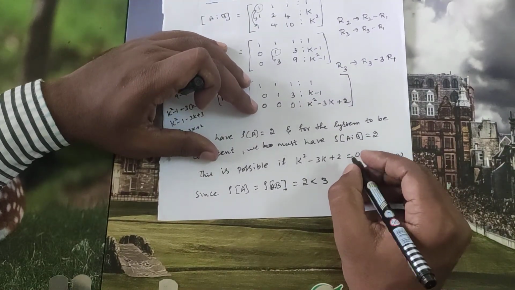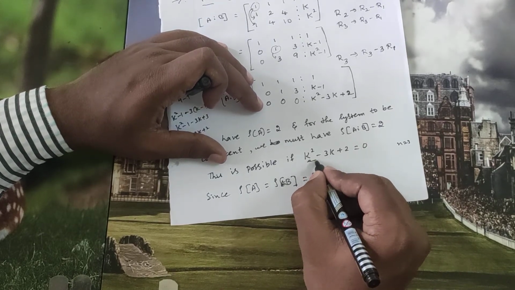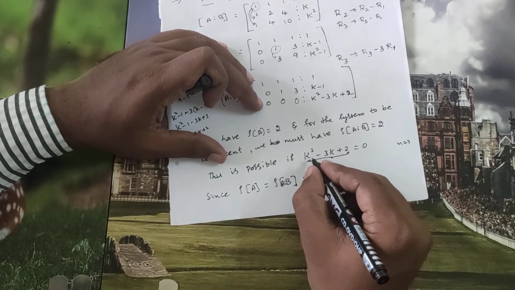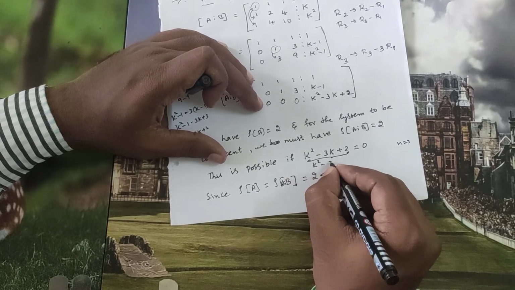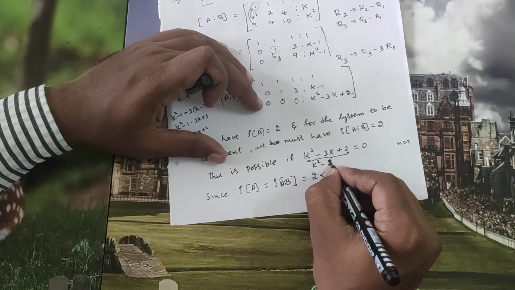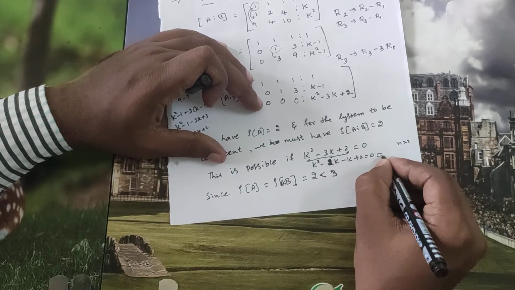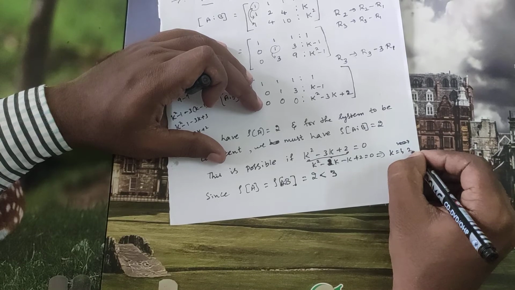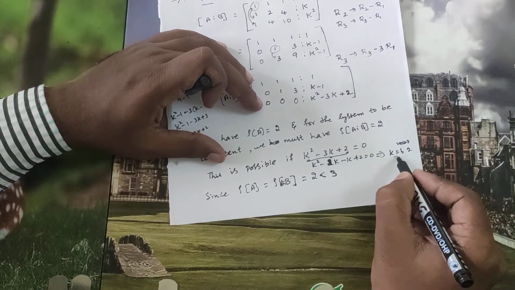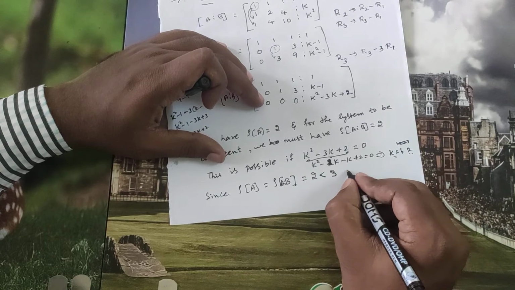Now if I solve this one, k square minus 2k minus k plus 2 equals 0. This implies that k is equal to 1, 2. So now we have to solve for each case.